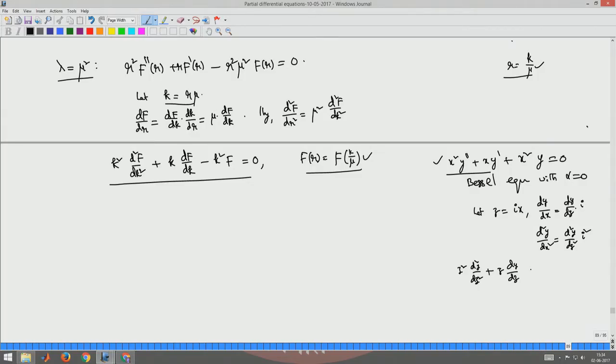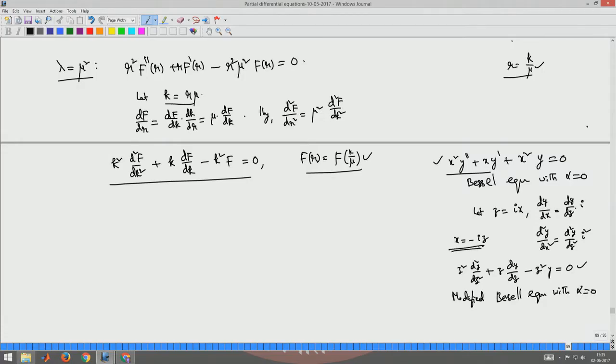So, x square is simply minus z square. y of z, now a function of z, equal to 0. So, this is called the modified Bessel equation with alpha equal to 0.